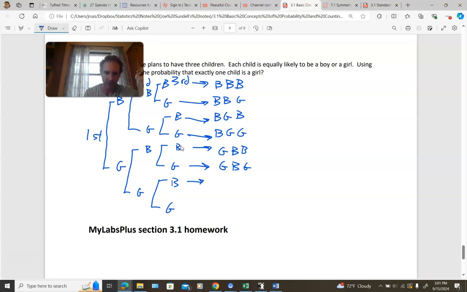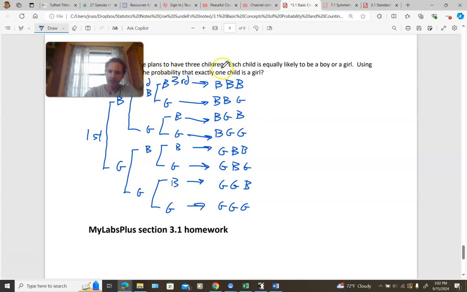And then finally, you could have a girl, girl, boy, or all three could be girls. Okay? So if a couple has 3 kids, these are all the possible outcomes. There are 8 of them, and that's why it's kind of rare to see a couple with exactly 3 boys or 3 girls, because that can only occur one way.